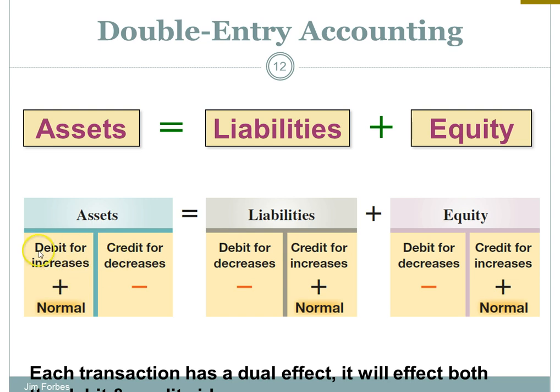You're either going to have cash or no cash, but can you have less than zero cash in your pocket? No. So you would really never carry an ongoing credit balance in cash. You will carry it as a debit balance or no balance at all. And so where you normally carry that balance is known as the normal side. And you'll see that'll be different for the liability and equity. You carry the normal balance on the credit side.